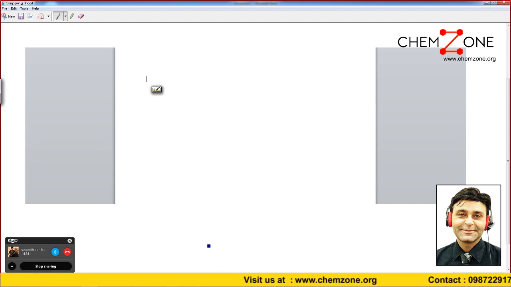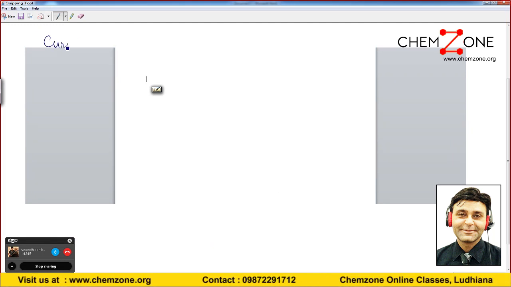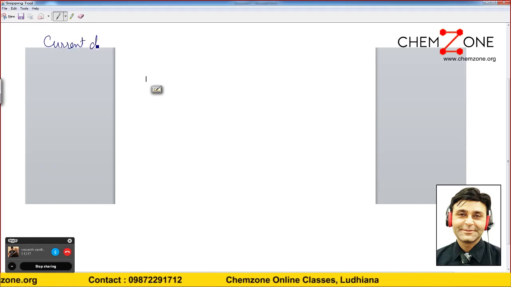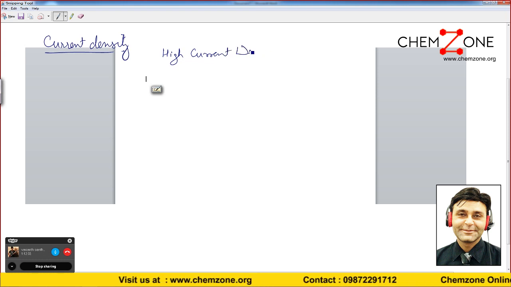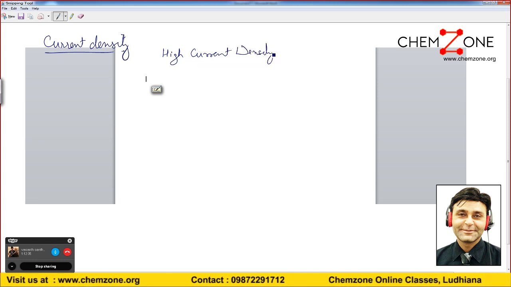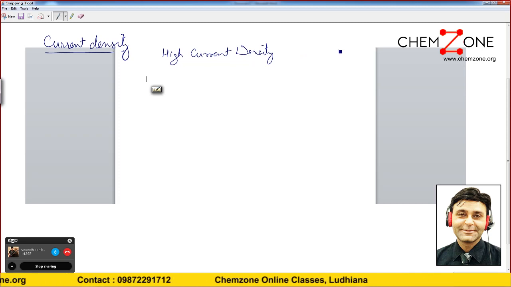Next I'm talking about current density. We have two types of current density: a high current density and a low current density.